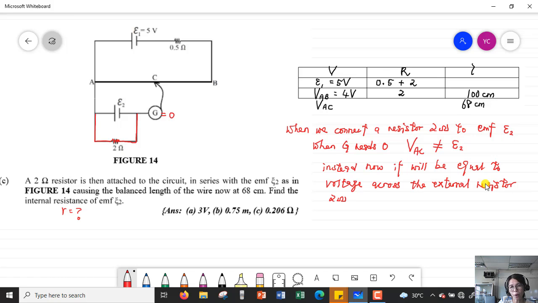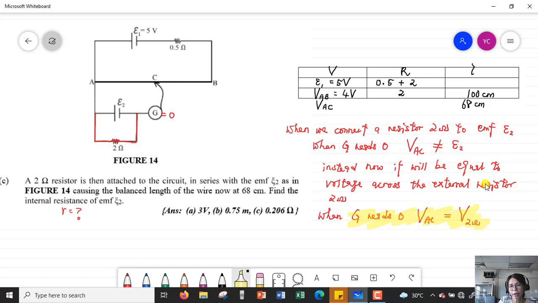So actually now when our G reaches 0 at the balance length, the voltage AC will equal the terminal voltage across the 2 ohm resistor.